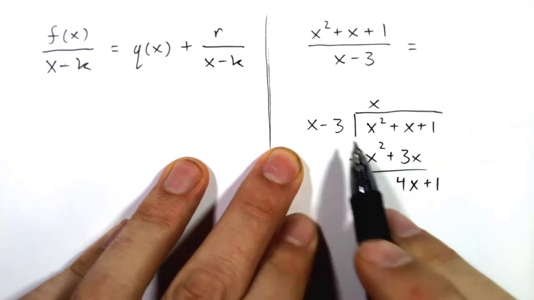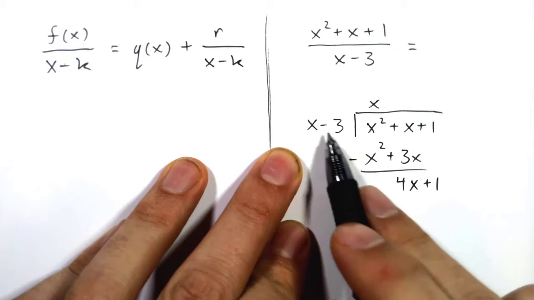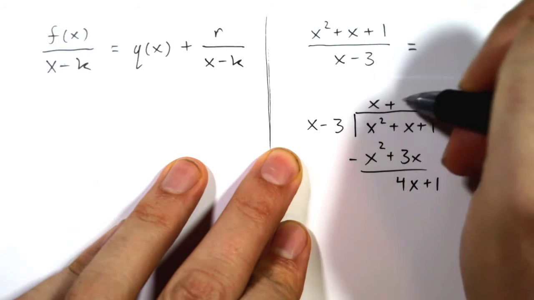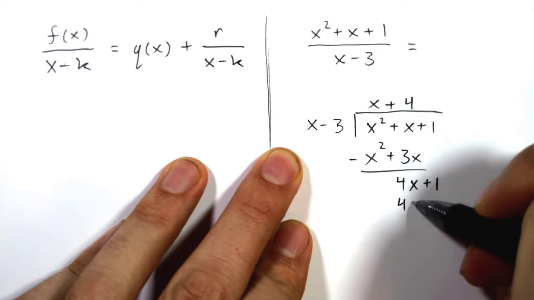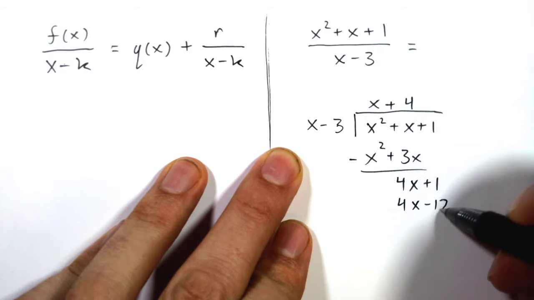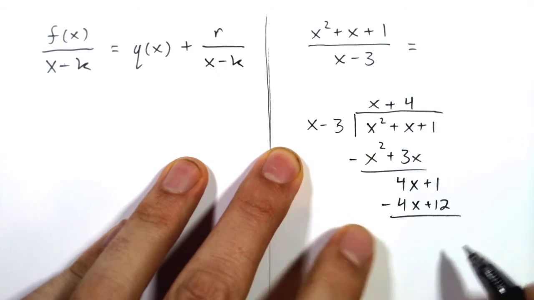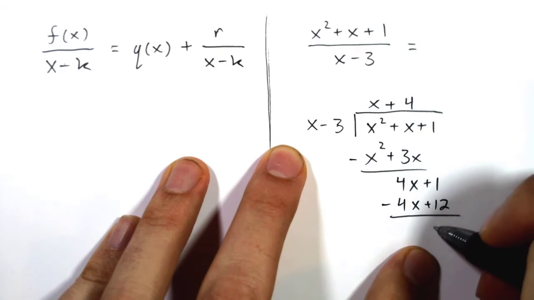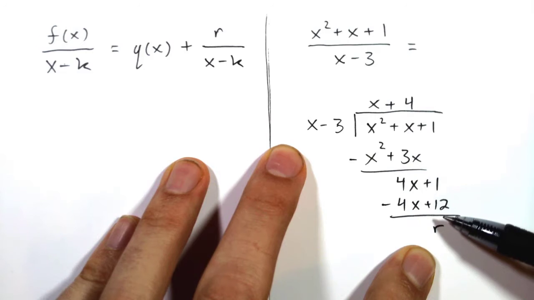All right. Now I ask how many times does x go into this term? Well, it goes in there 4 times. So I add 4, multiply. I get 4x minus 12. I negate and I add, right? And the number that we get down here is our remainder. Now you can see what it's going to be, right, when you add these.